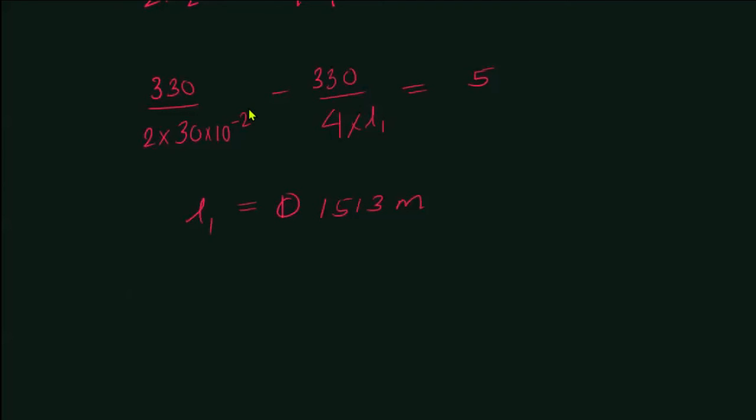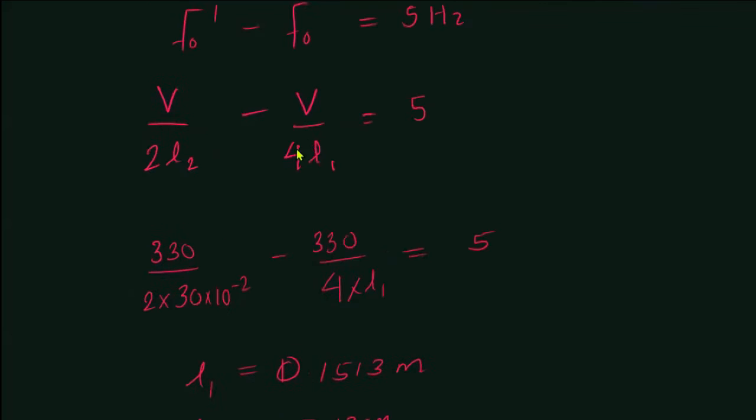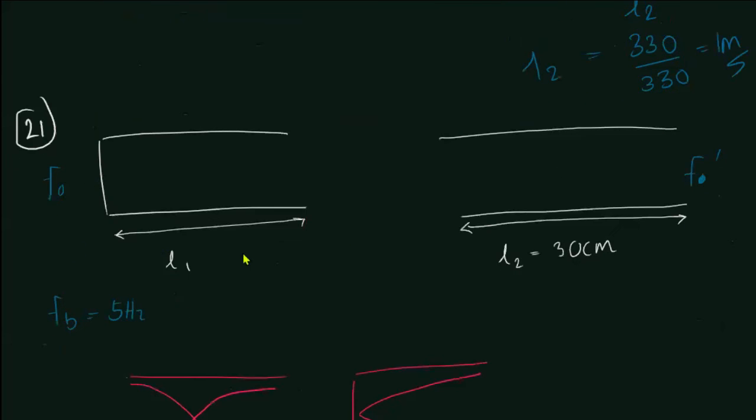This is meters. If it is taken in centimeters, it is 15.13 centimeters, right? So yeah, this is it. Now we have found the initial length of the closed end tube.